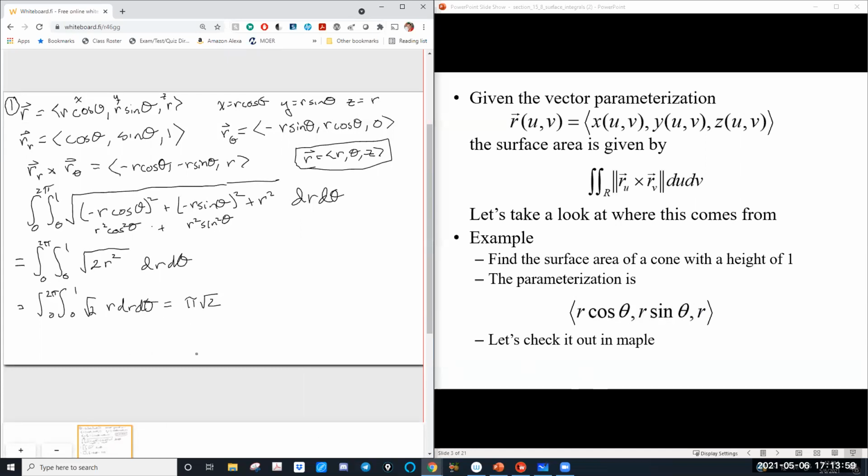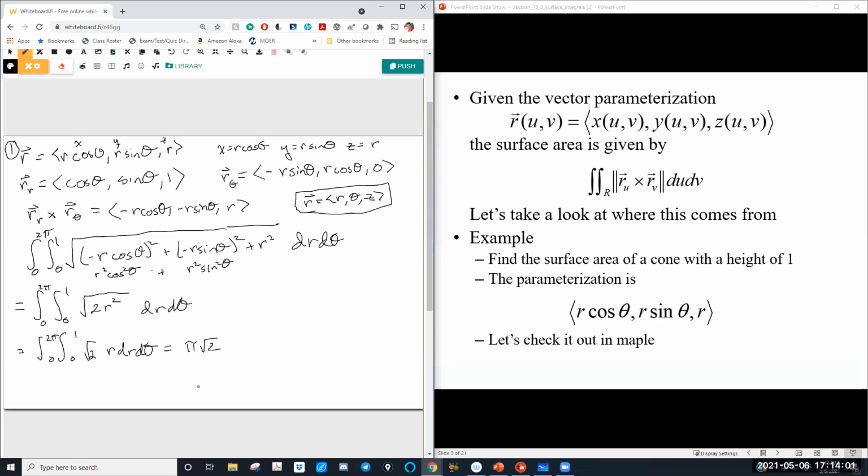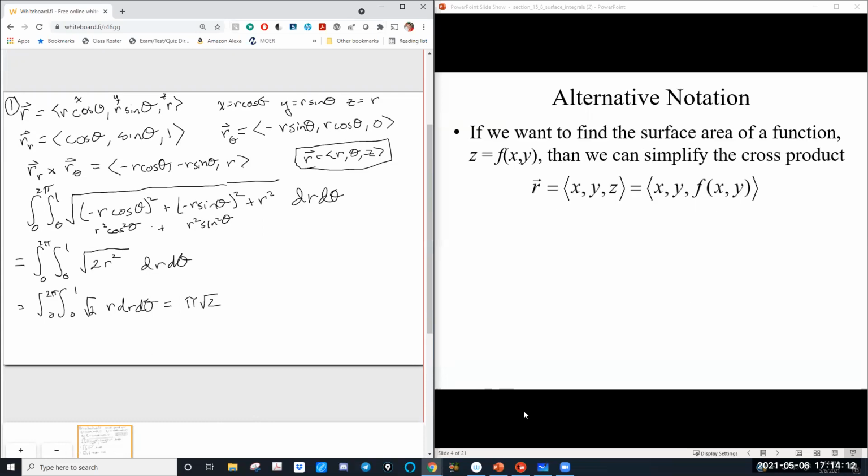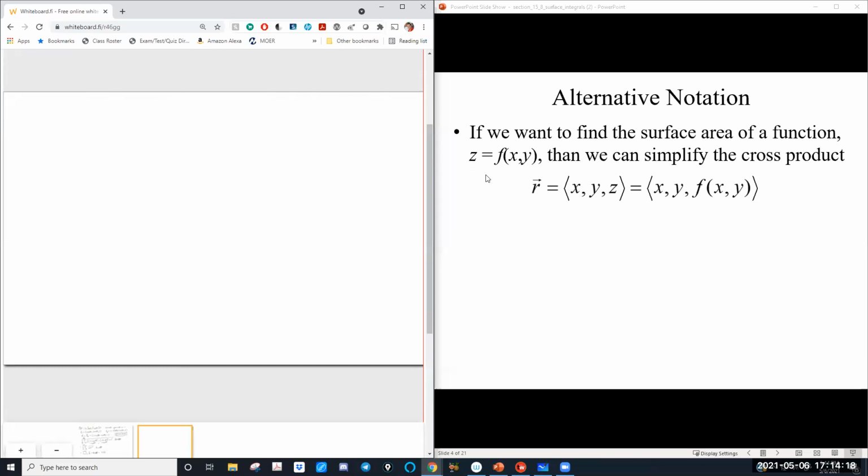Now, this is how we can do surface area if we have our surface parameterized. Let's talk about if our surface is written as a function. If our surface is given as z equals some function of x and y, then we can think of our position vector being x, y, f of x, y.